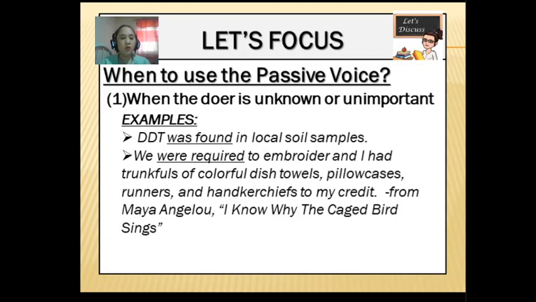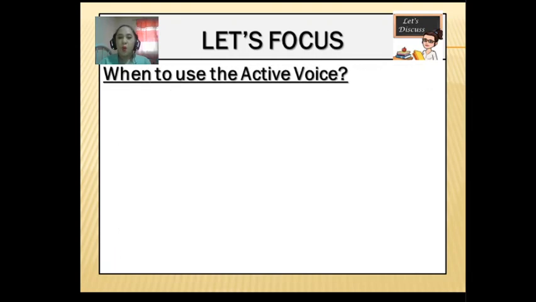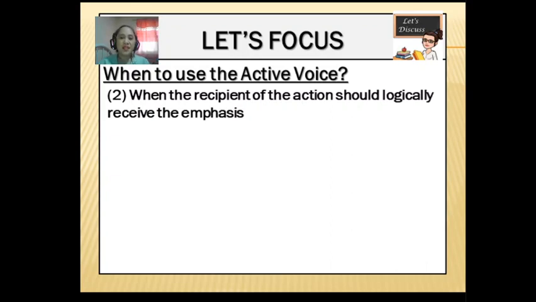Another time to use the passive voice is when the recipient of the action should logically receive the emphasis. So the passive voice enables you to emphasize the logical object of the action, which becomes the subject of the sentence.